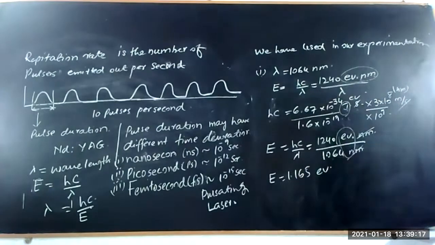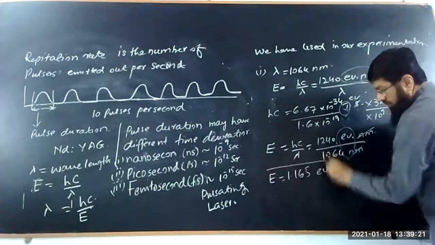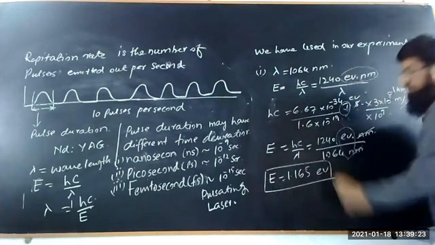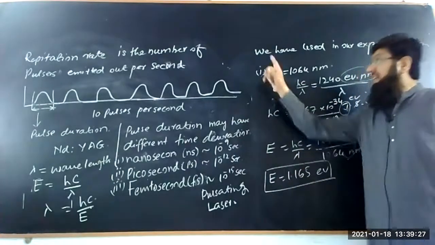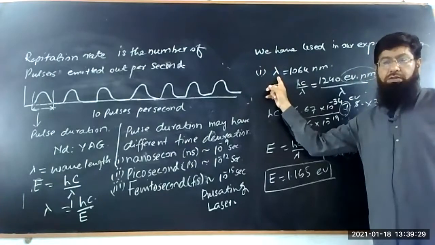So this is the energy of the photon. This is the energy per photon. This is the energy of the single photon whose wavelength is lambda 1064.